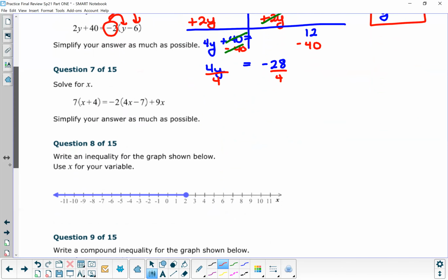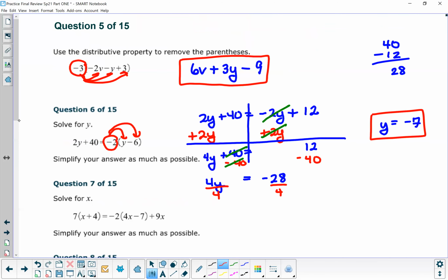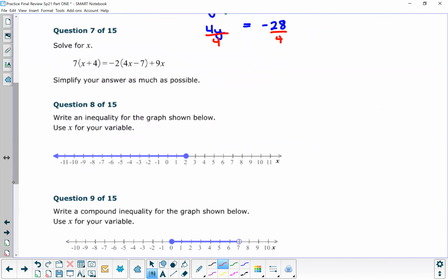All right, we have here 7(x + 4) = -2(4x - 7) + 9x. So let's begin by simplifying the right side. So the left side, we're distributing the 7 across the x plus 4. So that's going to give us 7x plus 28.